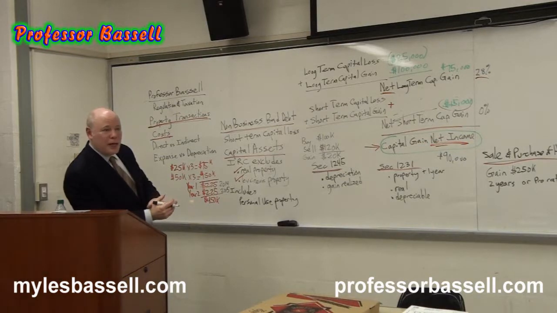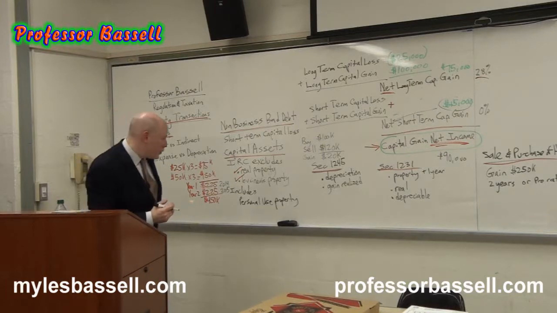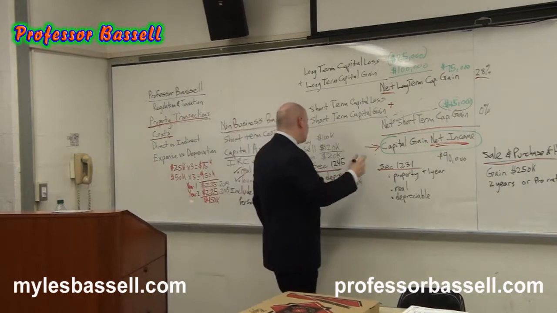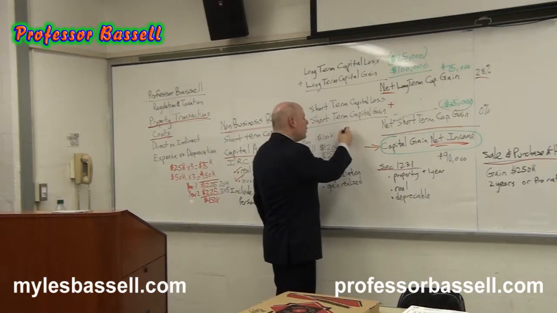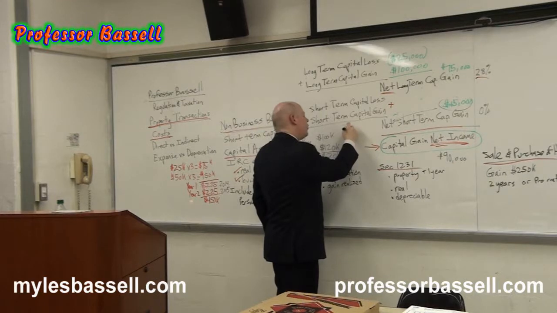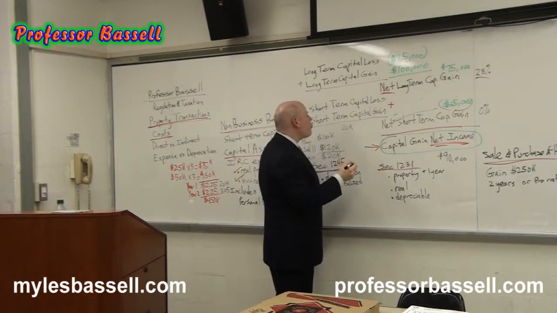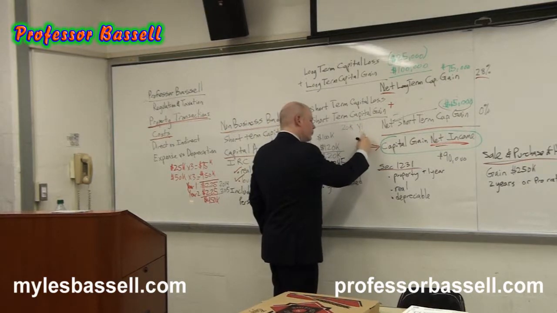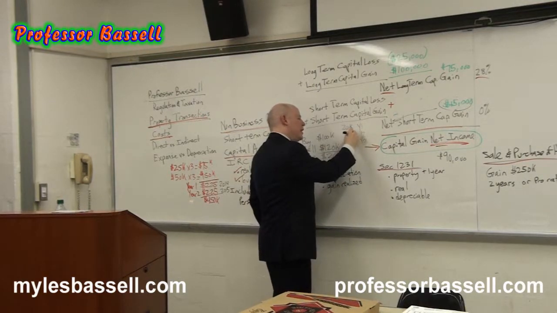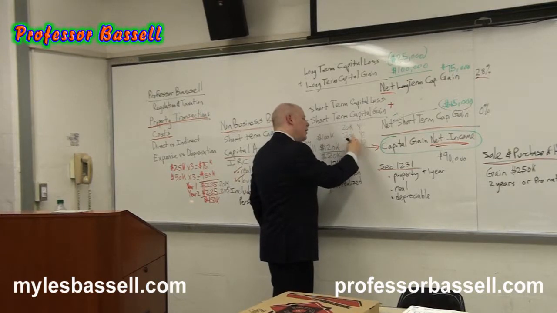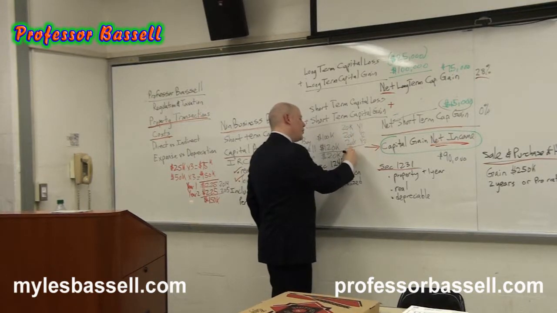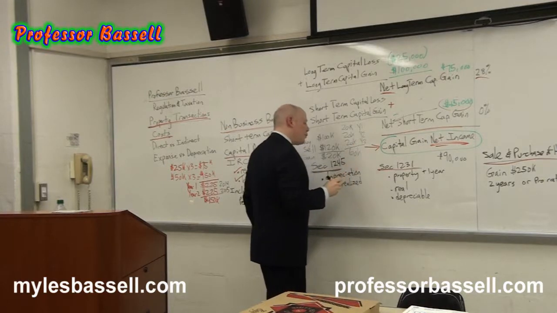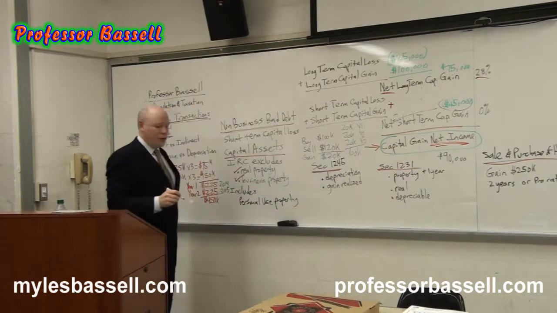What do you want to say the useful life is? 5 years? Okay, 5 years. So that's $20,000 per year. And now, it's in year 3 that we're going to sell the furniture. So $20,000 in year 1, $20,000 in year 2, $20,000 in year 3. So the amount that we depreciated is $60,000.